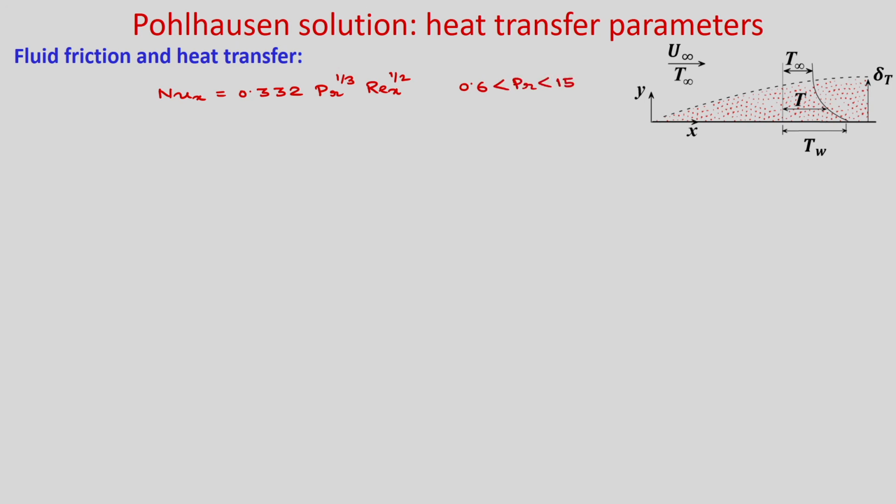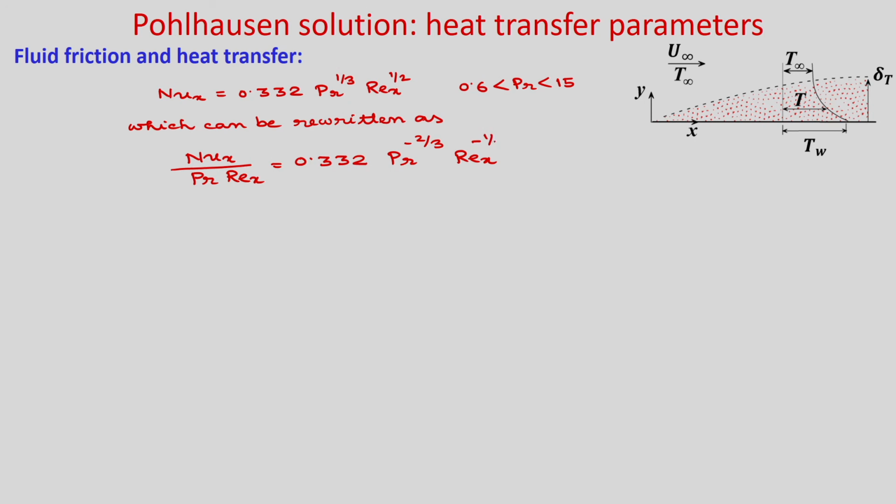Now, this we can rewrite as Nusselt number x divided by Prandtl number into Re x. If you divide it, you will get on the right hand side 0.332 Prandtl number to the power minus 2 by 3 Re x to the power minus half.